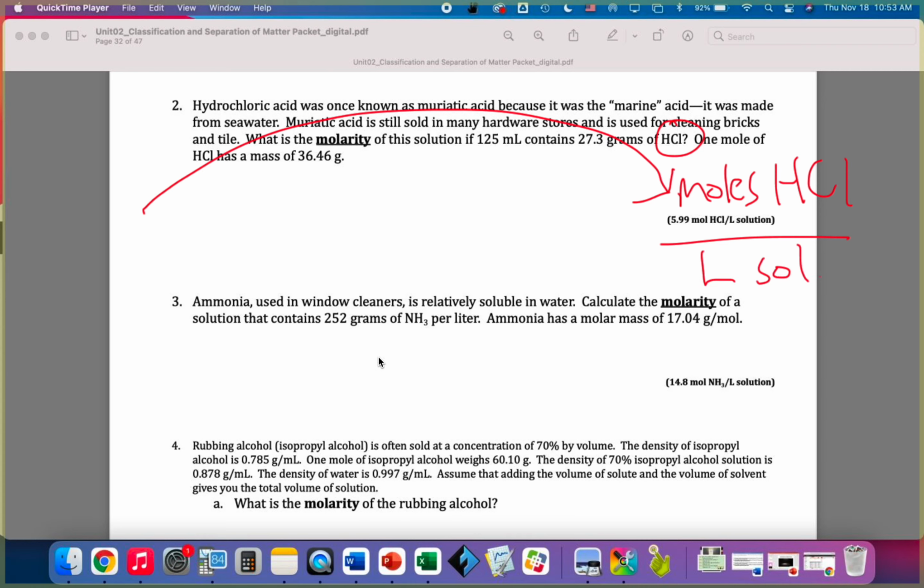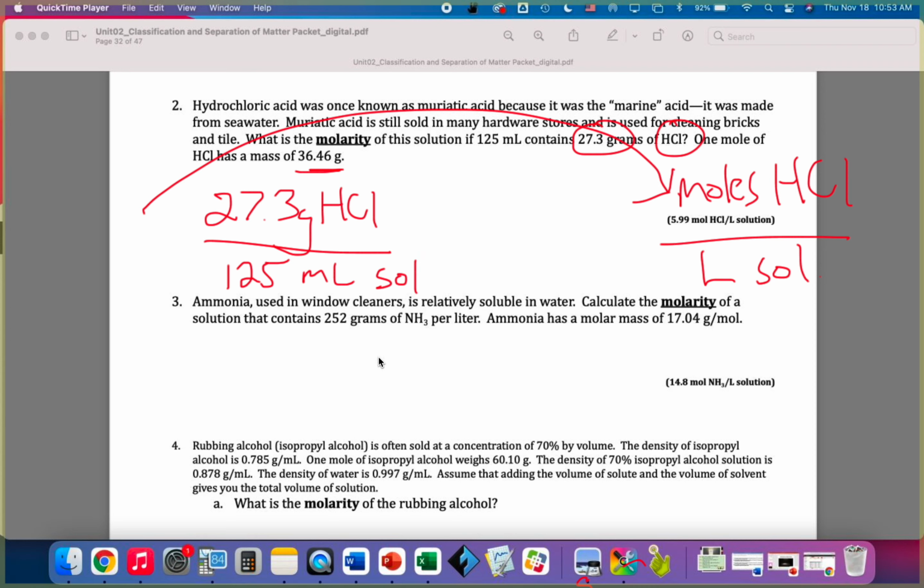So let's go fishing for what we know in this problem. Do we know anything about HCl? Sure enough, it has a molar mass of 36.46, but how much did we actually dissolve in this problem? 27.3 grams. So 27.3 grams of HCl, and we dissolved it in 125 milliliters of solution.